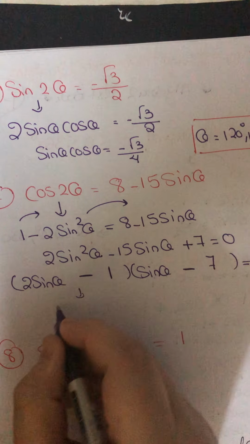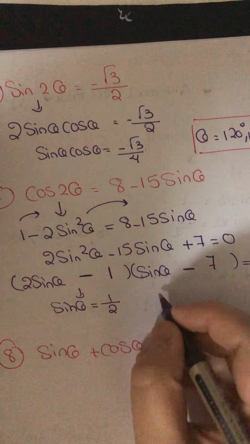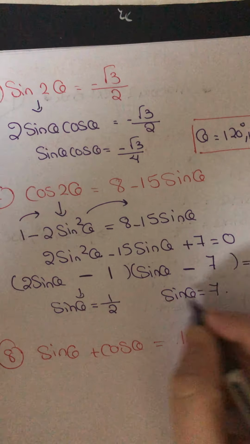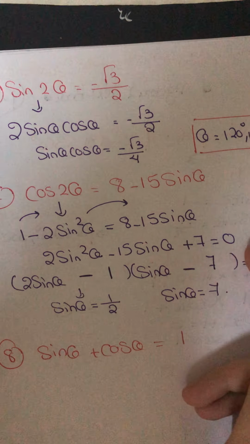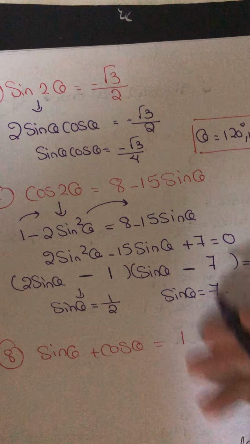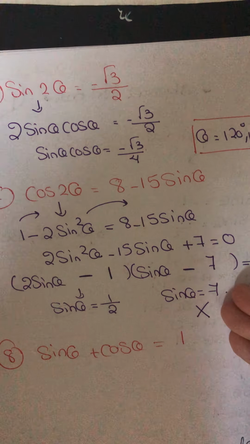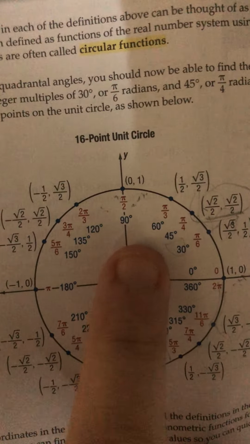There's no choice. This one will give you sine theta equals half, and you'll ask yourself, when is that happening? And sine theta equals 7. Did I ever say that sine theta is equal to 7? Actually, my amplitude on the sine graph is 1 and negative 1. There's no option. This one I cannot get any answer from it. It's impossible. But sine theta equals half is possible. Sine is positive in the first quadrant and in the second quadrant, and it's equal to half at 30 degrees.